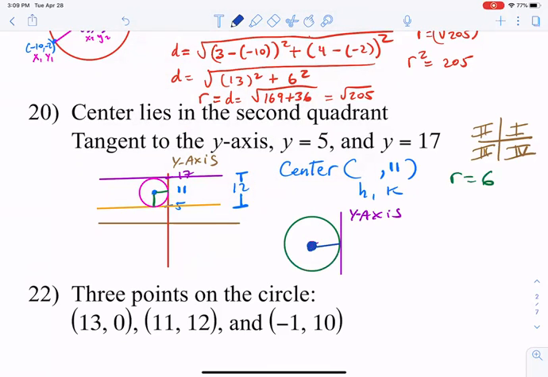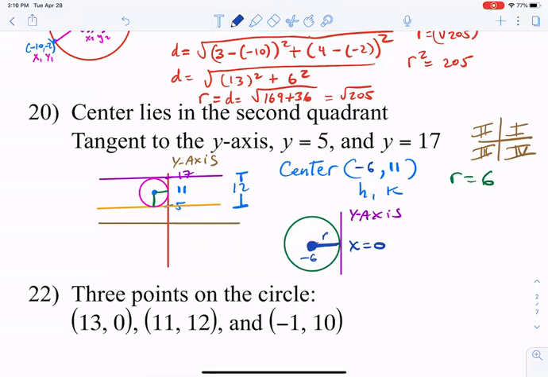I'm at x equals 0 on the y-axis, and the radius is 6, so I'm moving 6 units to the left. So that means the h coordinate of the center would be negative 6, from 0 to negative 6.